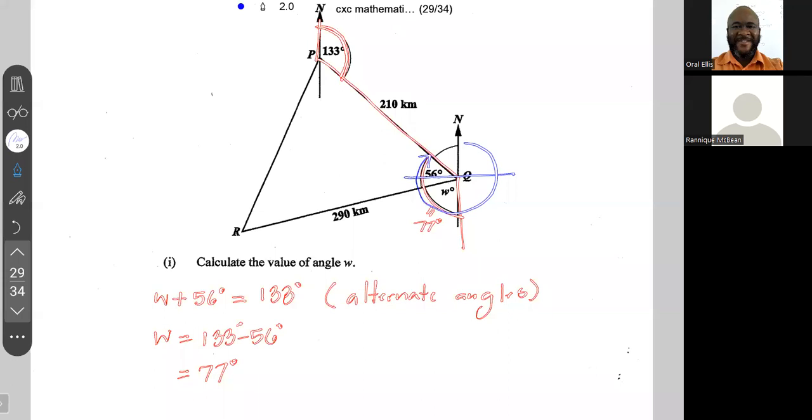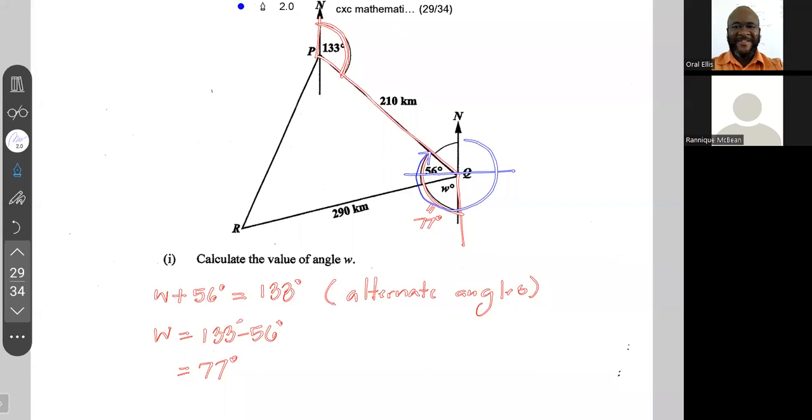Between north and south is 180 degrees. W is 77 degrees. And inside the triangle there, we have 56 degrees.